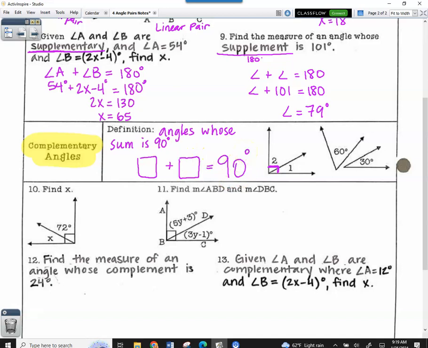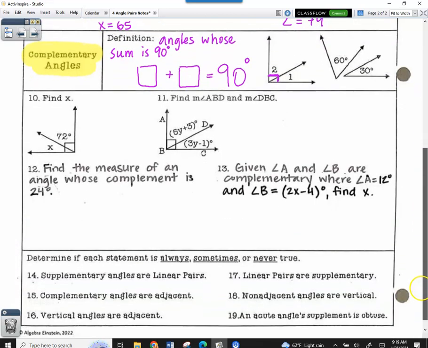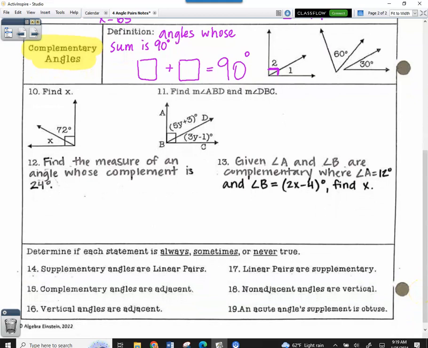Please stay with me. So angle plus angle equals 90. It's the exact same thing as supplementary, but now complementary means they add to 90.